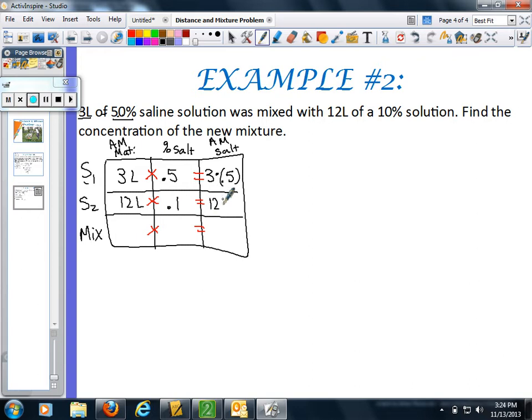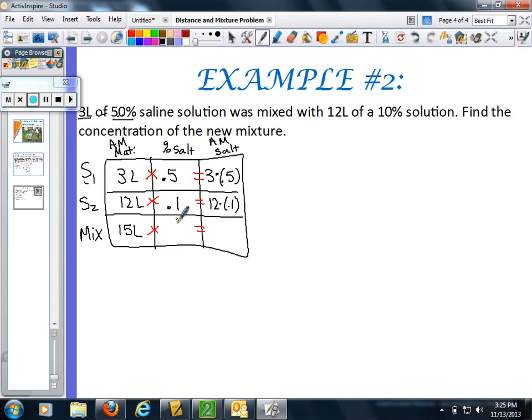The mixture, now, we don't know how much. For the mixture, it doesn't give us a lot of information, but there is a lot that we can figure out based on our box. If I'm mixing 3 liters of something and 12 liters of something, I'm going to get the mixture when I mix them. So that would be 12 plus 3, which is 15 liters.